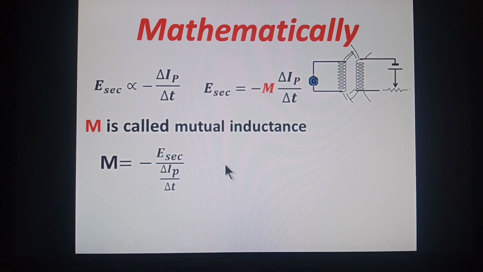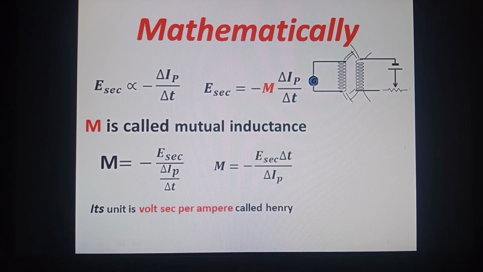So we get M equals minus E in the secondary, the EMF in the secondary, multiplied by delta T over delta IP.